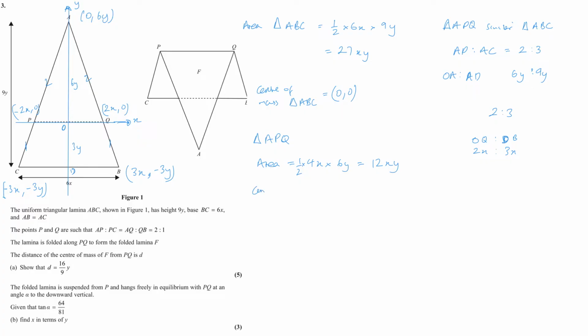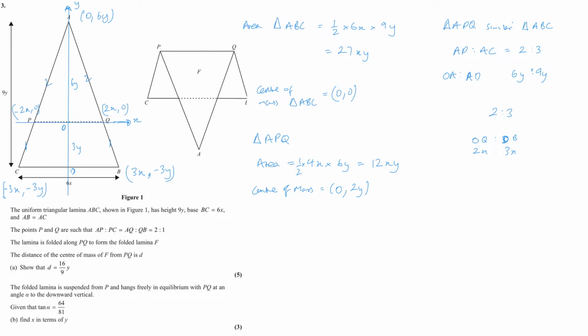And the centre of mass, so the x terms is 2x minus 2x plus 0 is 0, divided by 3 is just 0, and then the y's is 0 plus 0 plus 6y, so that's 6y divided by 3 is 2y. Okay, so it's up here somewhere.